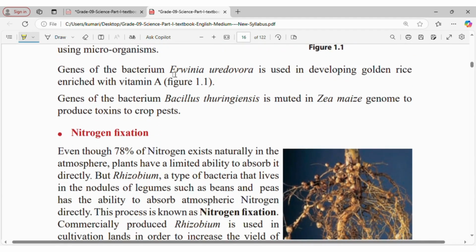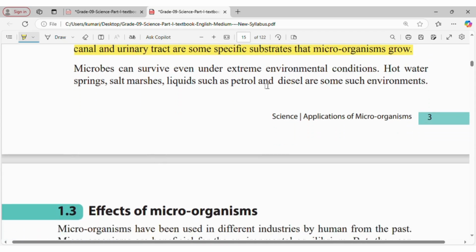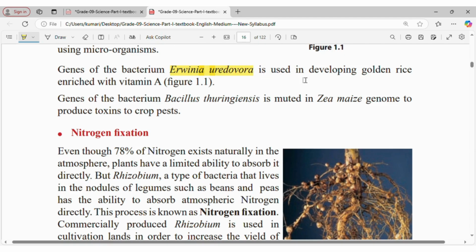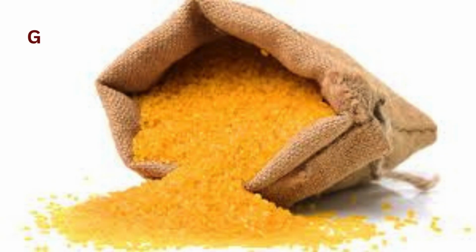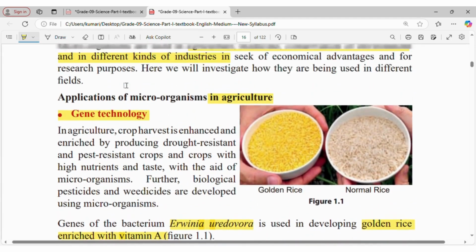Genes of the bacterium Erwinia uredovora are used in developing golden rice enriched with vitamin A. There is a picture of golden rice.